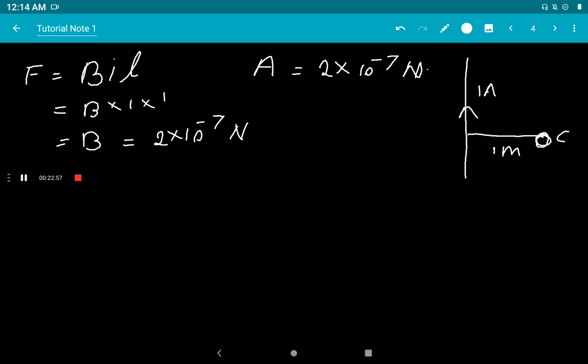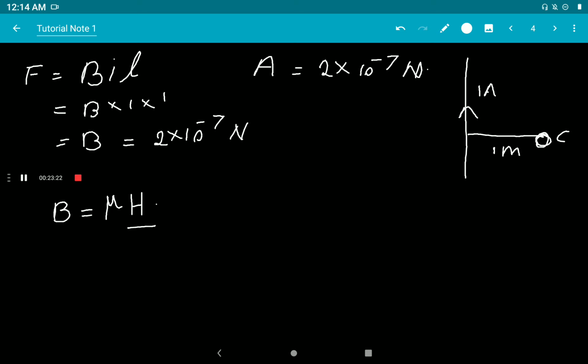Then we are going to assume magnetic flux density B is equal to mu into H. It's actually an assumed equation. Directly we are assuming that, and this H is a cause. H is the reason for producing the magnetic flux density.